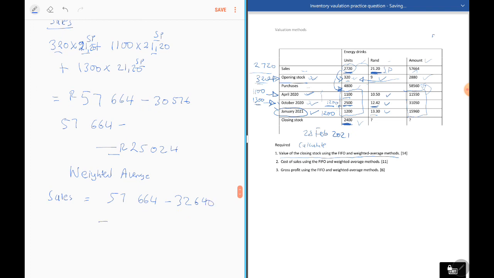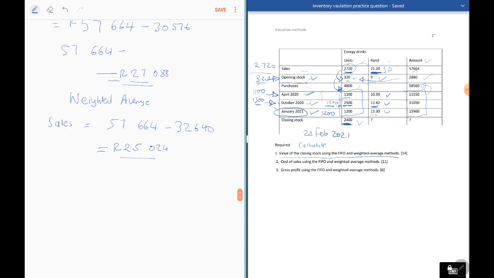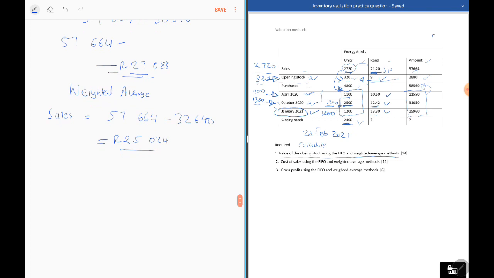So this one will give you 25,024, and then this gross profit using the FIFO method will give you 27,088. And if you compare these two, you see that the cost of sales using the weighted average is higher than the cost of sales using the FIFO.